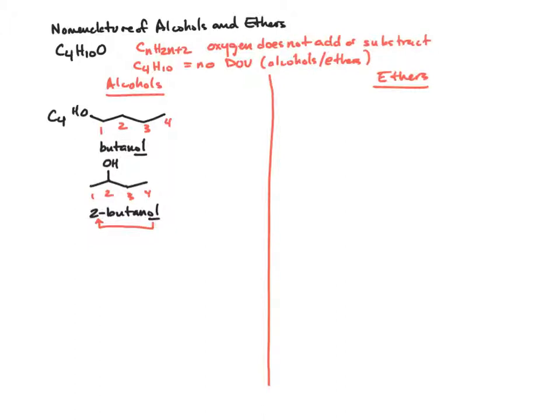So let's go down to the C3 chain. So this is going to be a propane derivative. Let me just go ahead and number here. So we have to do two things. We have to add a methyl group and we have to add an alcohol. So in this case the methyl group has to go at C2, because if we add it to 1 or 3 we're getting back to the C4 chain.